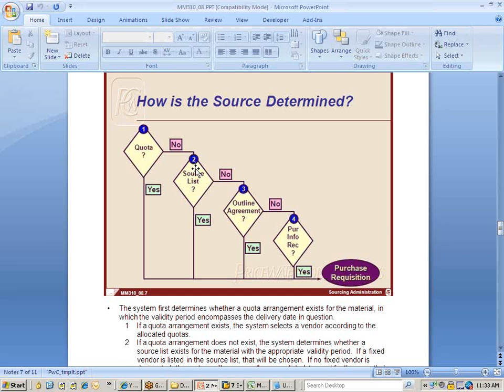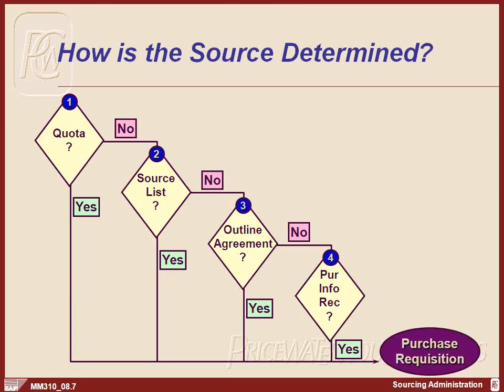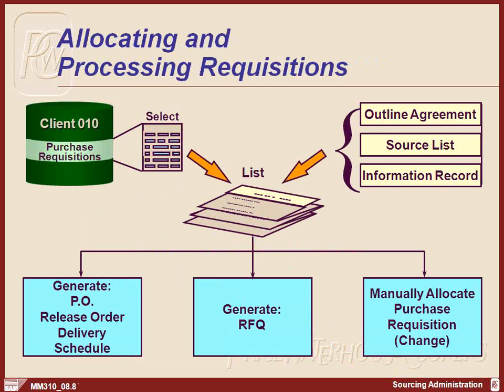If there is no source list, then it looks for the outline agreement, that is contract. Even if there is no contract, then only it looks into the info record. So info record has the least precedence while determining the source of supply, whereas quota arrangement has the highest precedence. So this is all about sourcing administration.